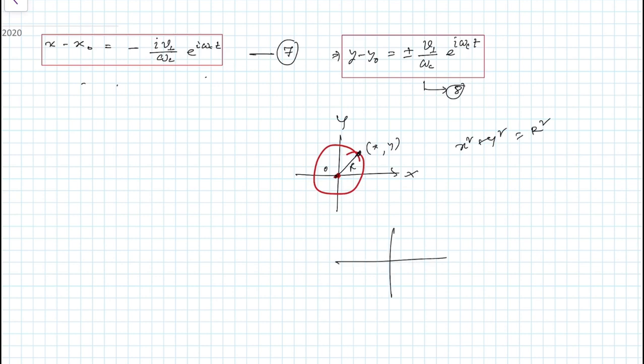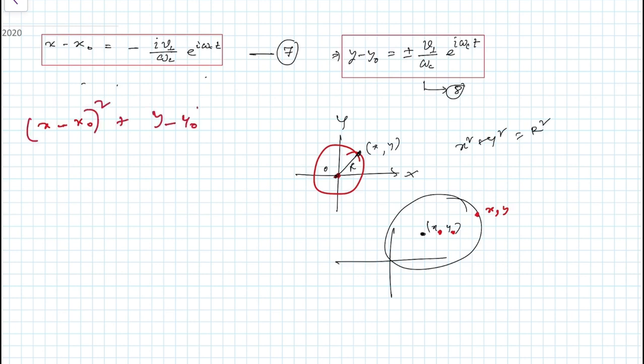If it is not at the origin, suppose the center is x naught, y naught, and there is a point x comma y on the circle, then the equation of this circle is given by x minus x naught whole square plus y minus y naught whole square is equal to r square, if the radius is r. So this is the equation of a circle.